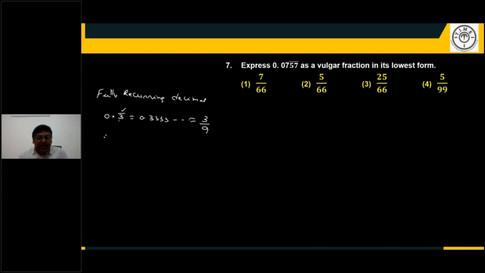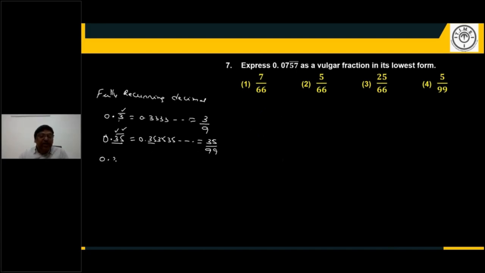Suppose, students, listen carefully, 0.35 bar if I take. What do you mean by 35 bar? 35, 35, 35, like this. 2 digits are recurring, so your fraction is going to be, what is the decimal part? 35 by, since 2 digits are recurring, you put 2 nines.